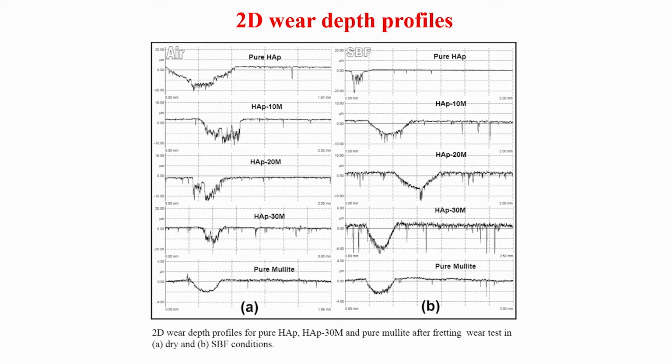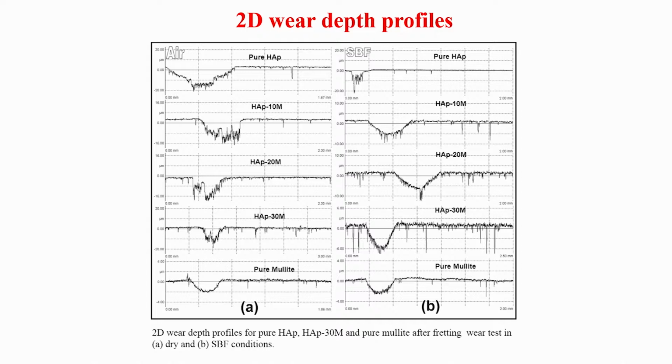So, the left panel is essentially for ambient environment, the right panel is for simulated body fluid environment. Now, the scale along the y axis, which indicates the depth of this profile after using different kinds of materials, is quite different.